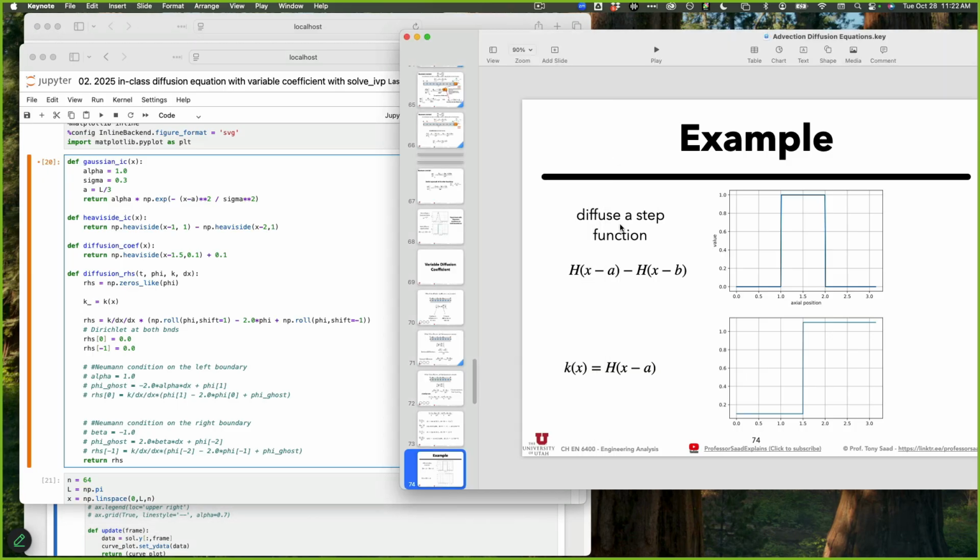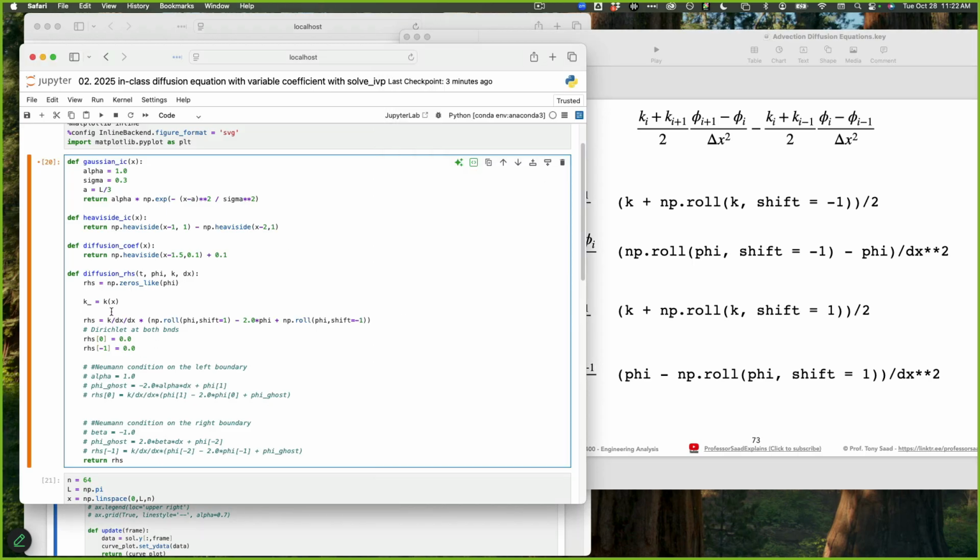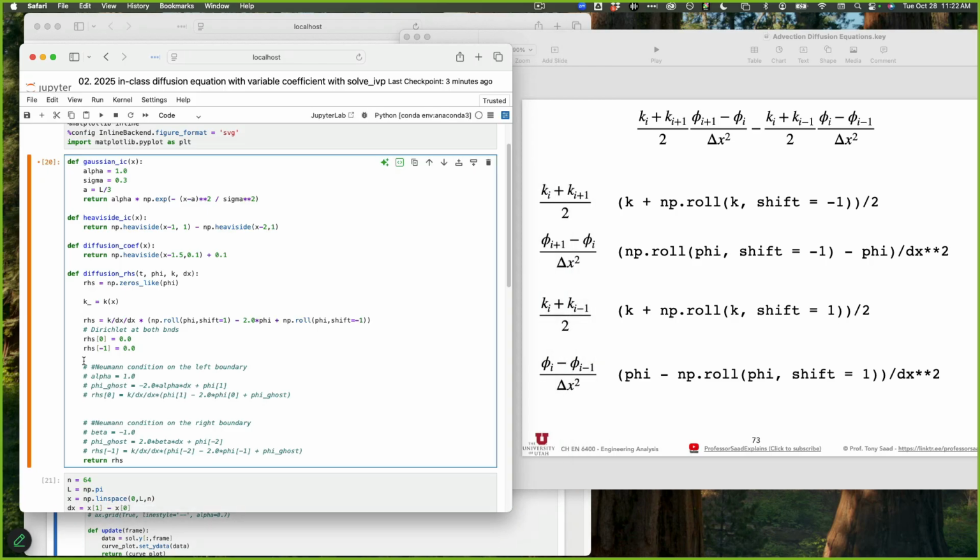Okay, so let's go ahead and implement these. I'm going to call this k plus. So k plus is equal to k plus numpy.roll of k_. So k_ is an array of k values at all the x values.